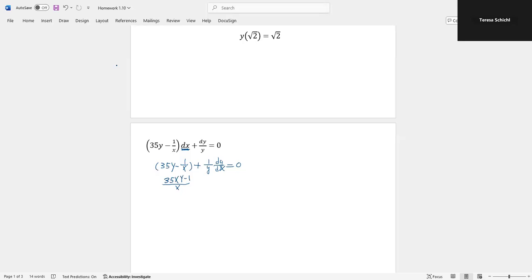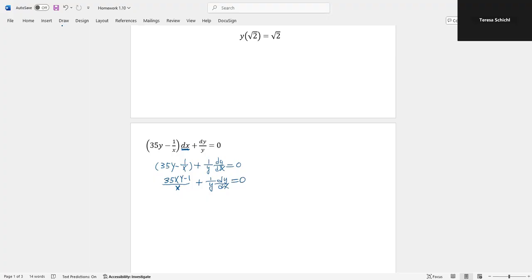Then this is a plus, so this will be plus 1 over y dy dx equal to 0.